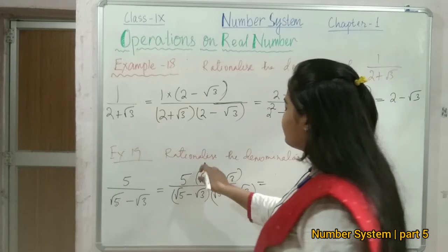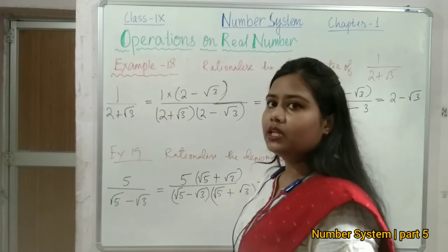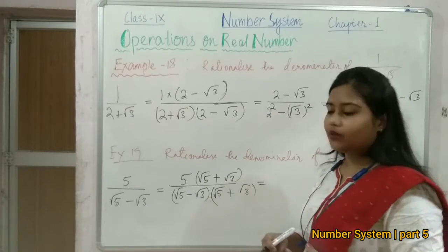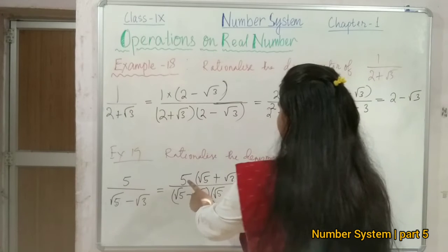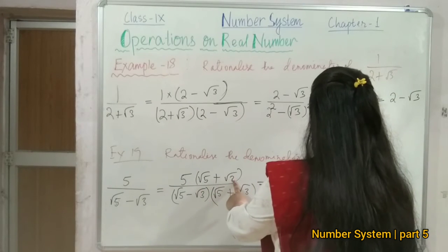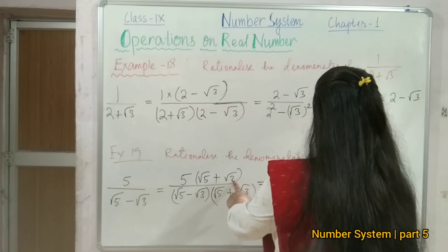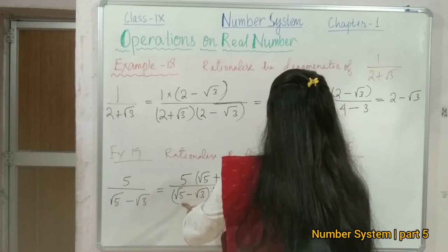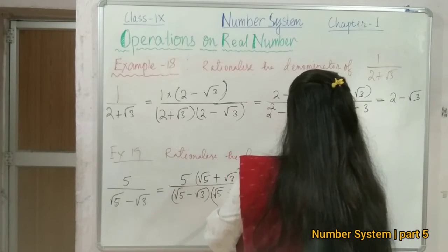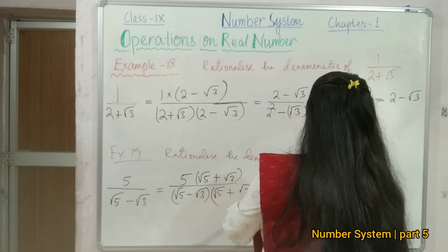The 5 will be multiplied with the whole expression according to the distributive law. So it is 5 root 5 plus 5 root 3. And this one is square of root 5 minus square of root 3.